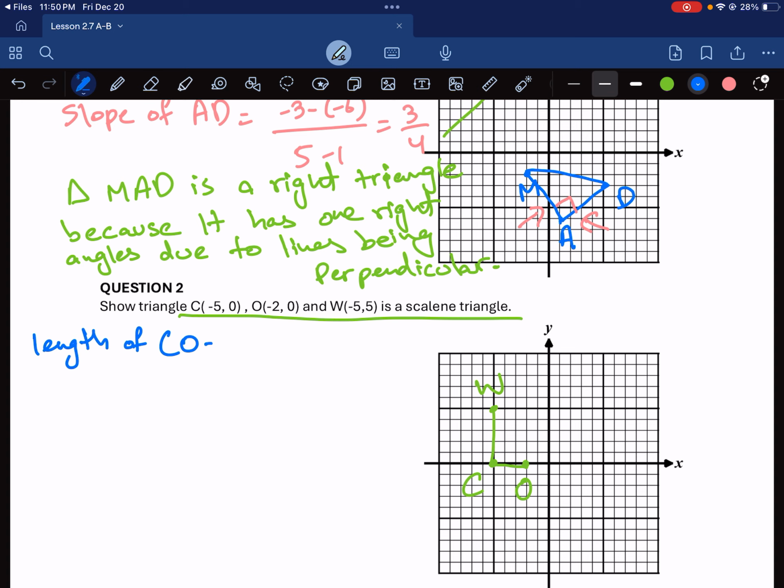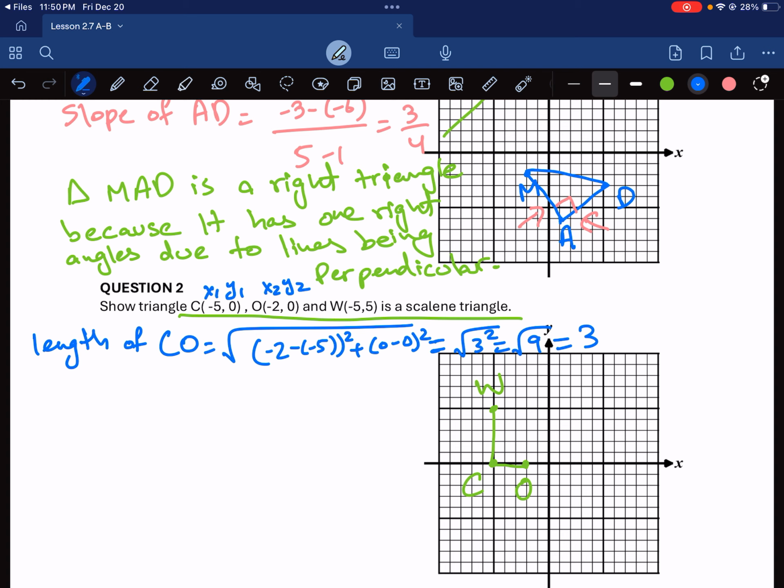CO, let's do CO first. You're going to find x1, y1, x2, y2. So you're going to get negative 2 minus negative 5 squared plus 0 minus 0 squared. So negative 2 plus 5 is just 3 squared, which is 9, square root of 9 is 3. Okay?